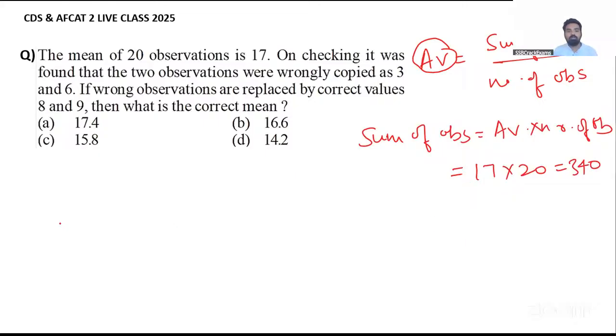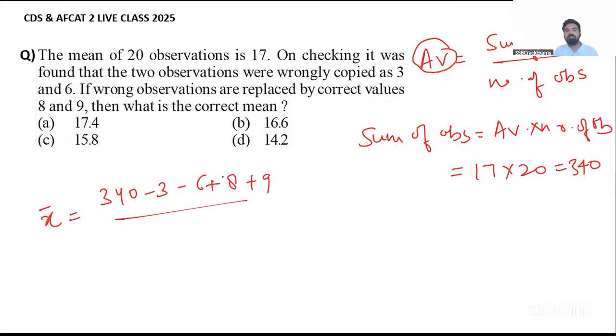Now, for finding the new mean, say x bar, we need to apply the same formula again. Sum of observations is 340. Two observations were wrongly copied as 3 and 6, so we will subtract 3 and 6. Their correct values are 8 and 9, so we will add 8 and 9.